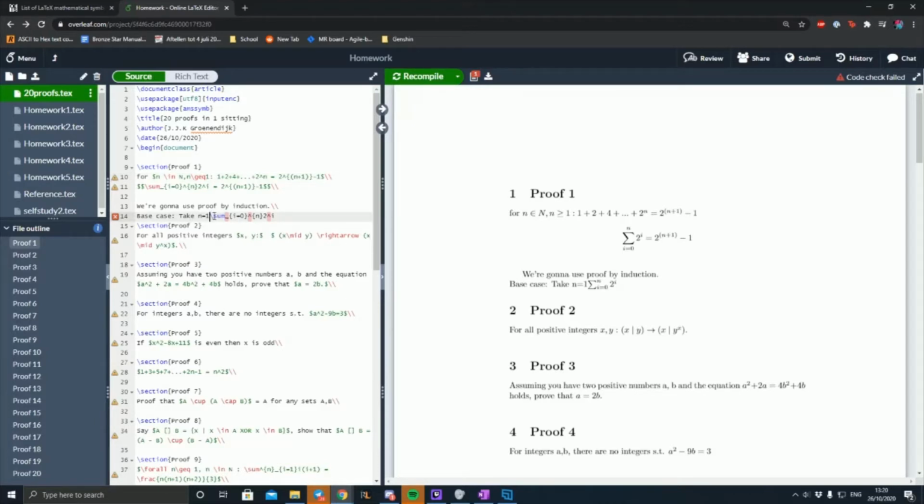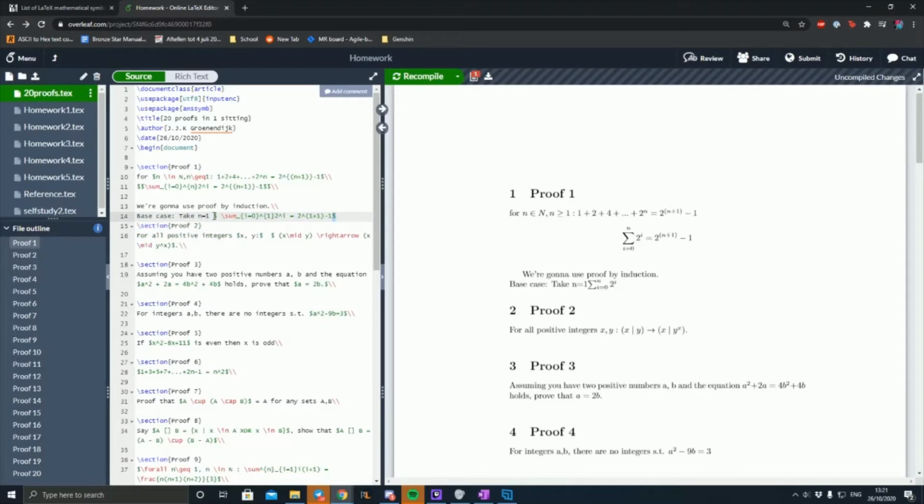So if we take n equal to 1, then the sum of i from 0 to n of 2 to the power i is equal to 2 to the power of n plus 1 minus 1. In this case, n is 1, so that's 2 to the power of 1 plus 1 minus 1.